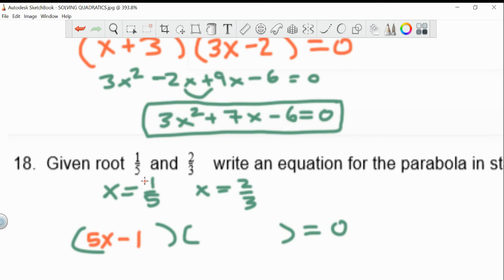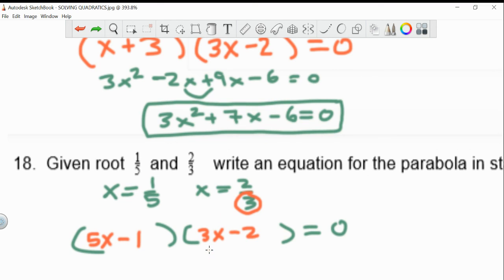And then the top number is a +1, so it should be -1. Yep, 3x minus 2, because I say the 3 had to have started right here, and it's not there anymore, so it had to be divided away, and now it's 3x minus 2. Now, of course, you'd have to FOIL that, but I think we understand what we're doing.